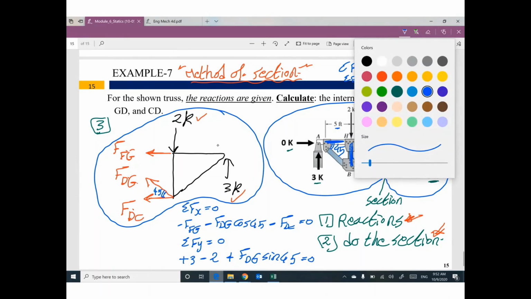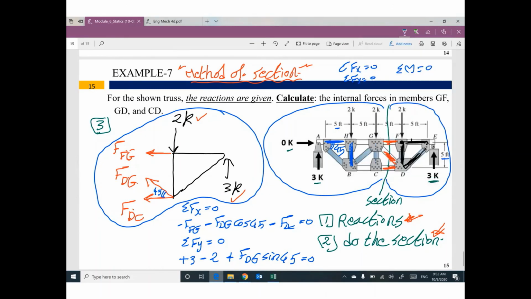So this force has 2 components: one horizontal, FDG cosine, and one vertical, FDG sine. So apply summation Fy, we have 3, 2, and this component. The only unknown in this equation is FDG, so I can figure it out.